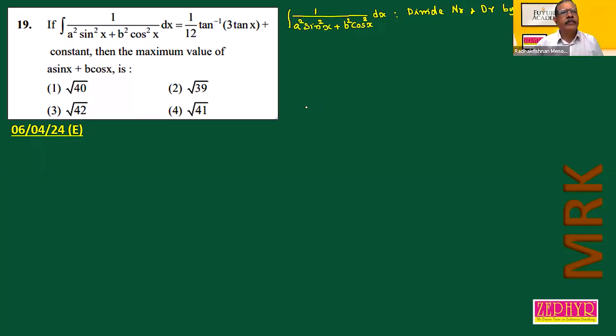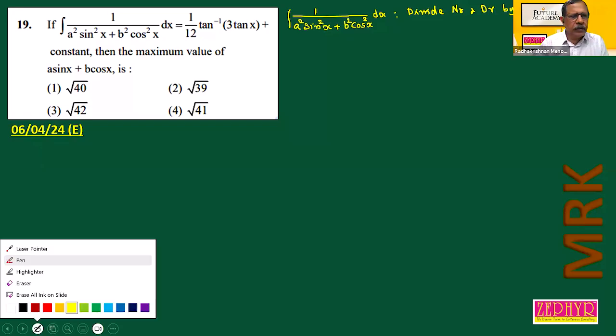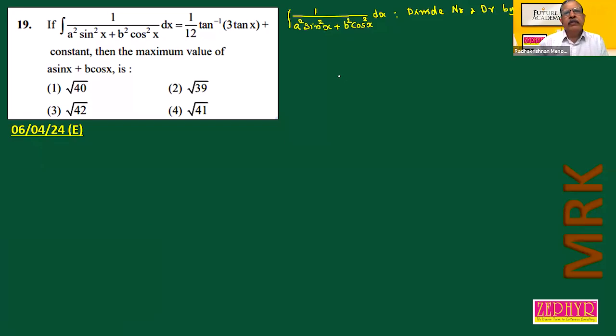Okay. So therefore, I equal to: numerator 1 by cos squared x is sec squared x. Denominator: a squared sin squared x by cos squared x will be a squared tan squared x plus b squared, dx.